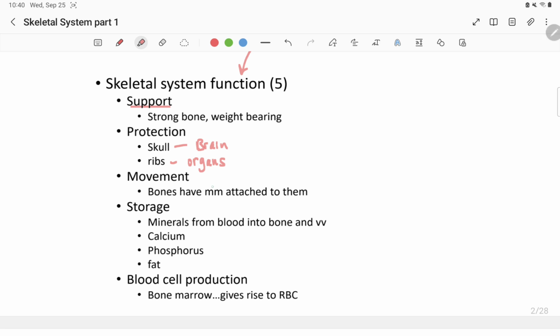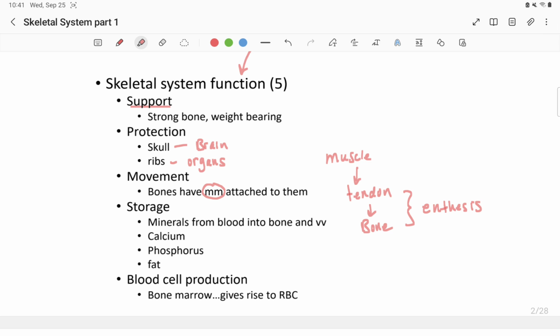So muscles are attached to bone. So a muscle tapers into a tendon and attaches to bone. Okay, that attachment site is called the enthesis. Okay, we'll talk more about that in a minute.